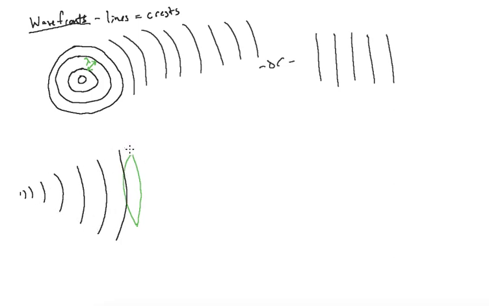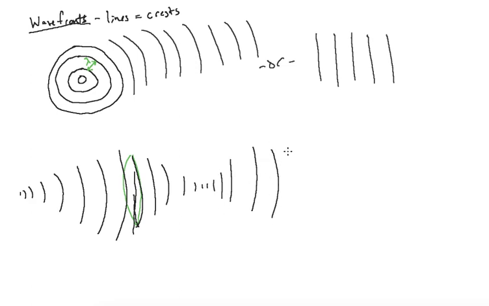The part that hits this is going to get focused down. It's going to start focusing down like this, then cross and start getting bigger again, spreading out more and more. This is how you would represent what happens with a lens focusing light in a situation like this.